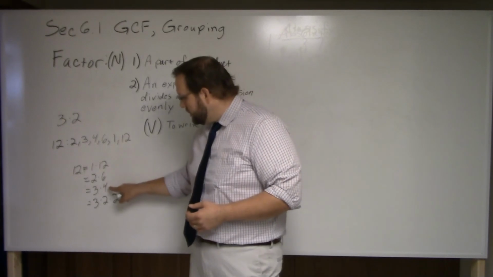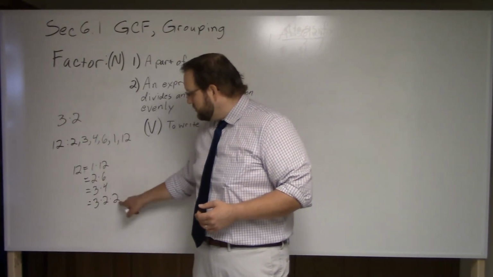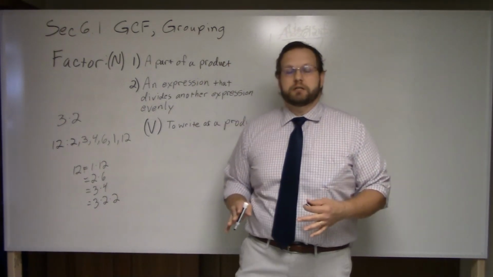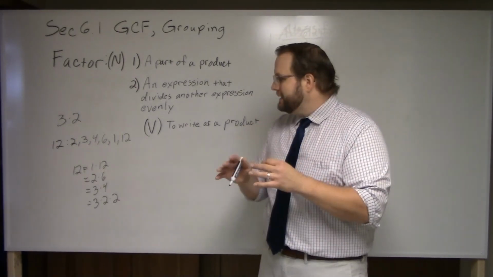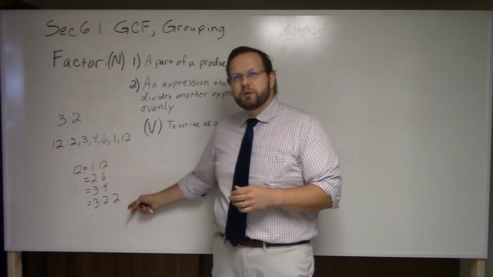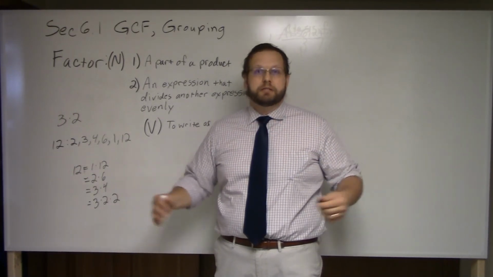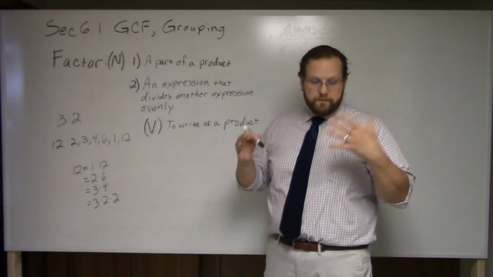It's a product. Notice the 2 times 2 can come from breaking up that 4. Or you could say there's a 2 here and you break up the 6, 3 times 2. This is what we call a prime factorization because it's all made up of prime numbers. Okay, again, a lot of times we are going to be sticking with 2, but I just want you to be aware that there are ways that we can sometimes break things down continuously. Okay, so this is the idea of that word factor.